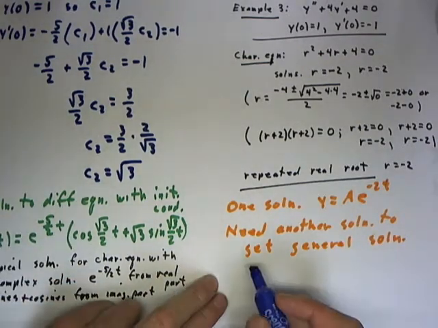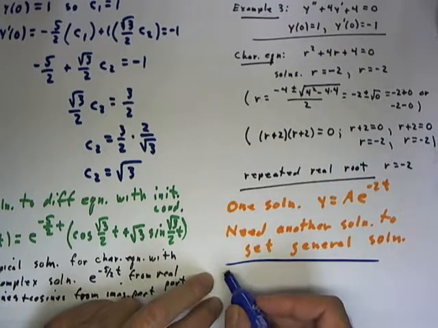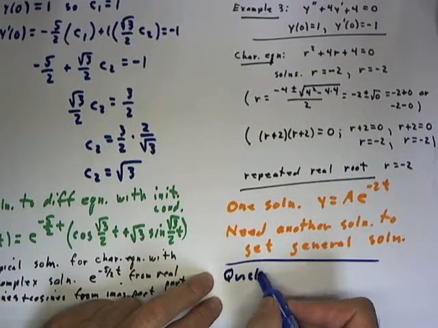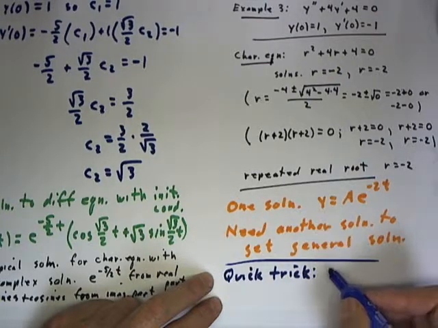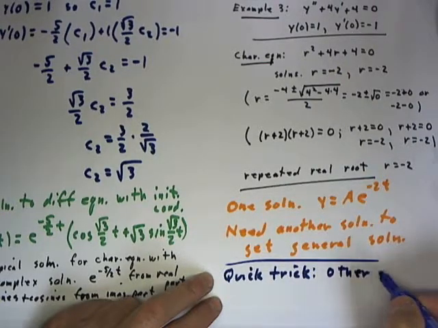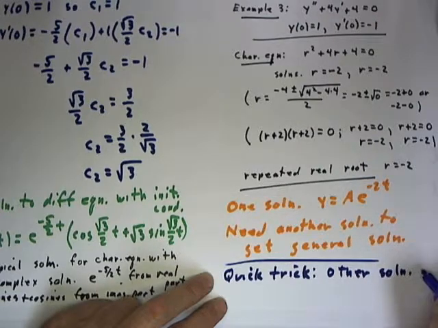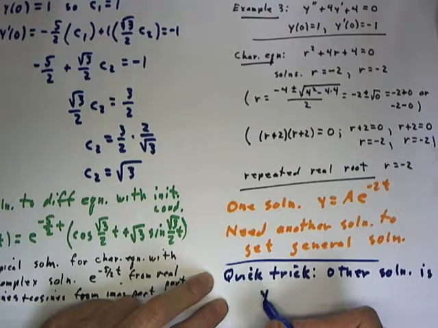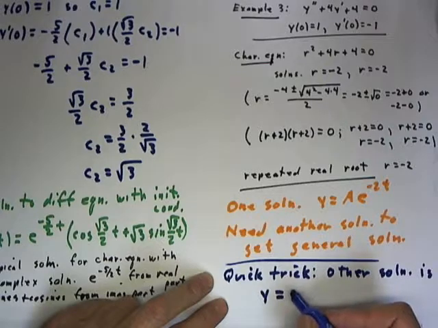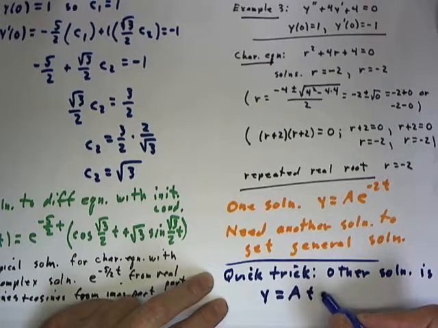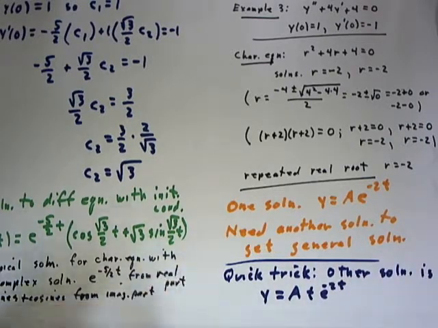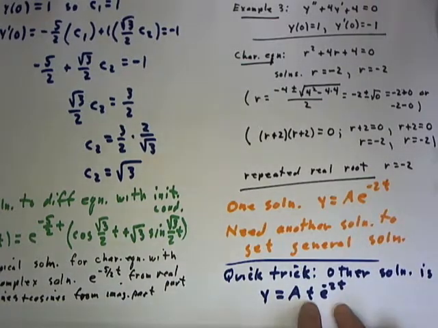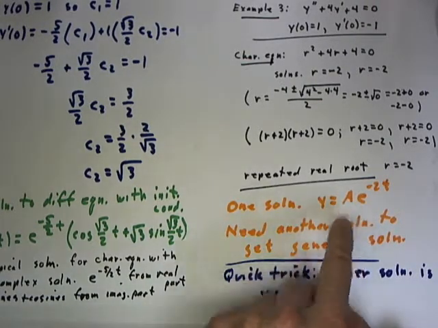Well, our quick trick: the other solution is y equals a times t e to the -2t. That is, we just put a t into our solution.